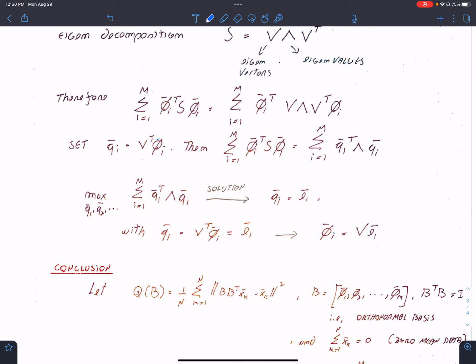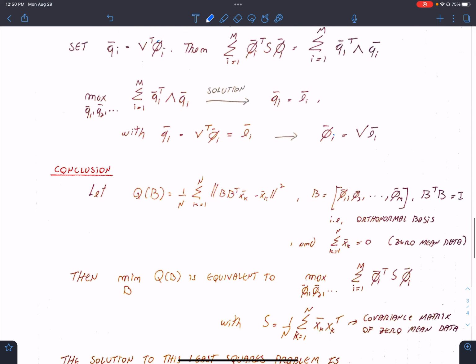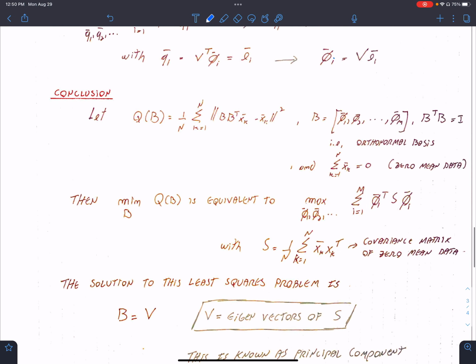So in conclusion, we started with a least squares problem, and we would like to minimize this Q over B. B is our matrix where each column is composed of basis vectors, and we're assuming these bases are orthonormal, so B transpose B is the identity.